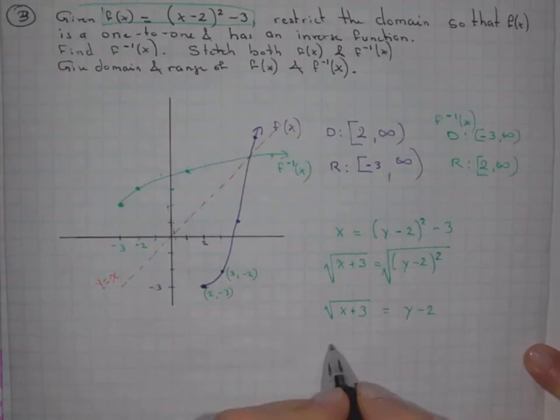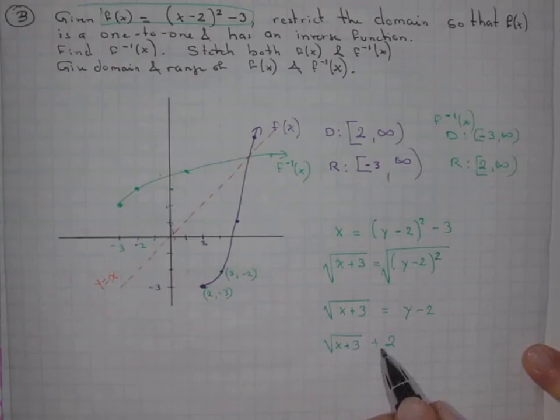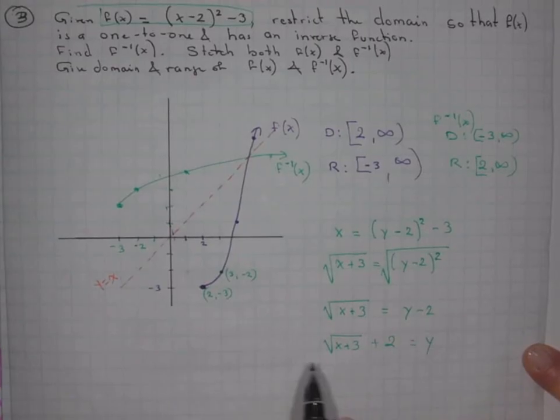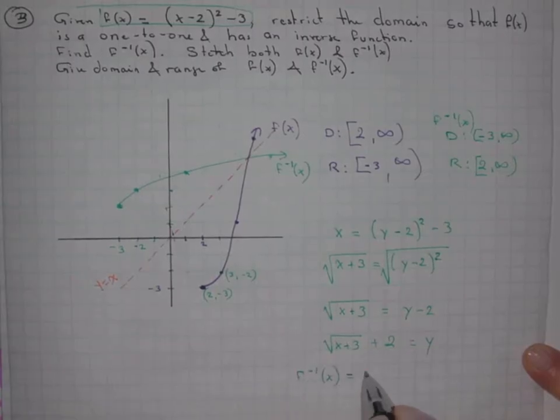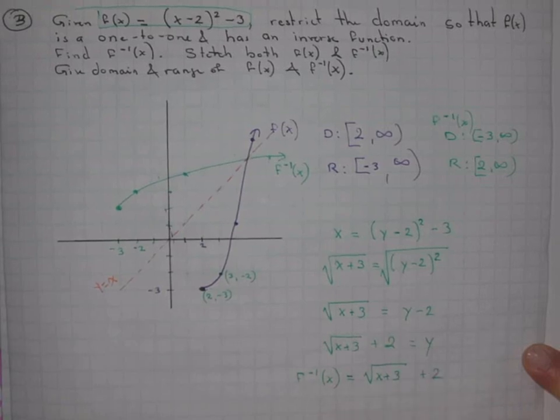And then I'm going to add the 2. Make sure that 2 is not inside the radical, right, because it shouldn't. And that's equal to y, which really is my f inverse. So I'm going to write that properly now. So it will be square root of x plus 3 and then plus 2. There we go. So that's for this one.